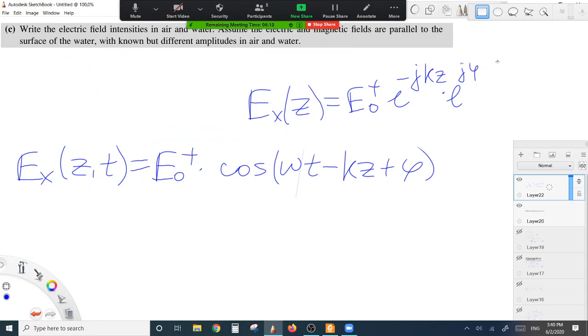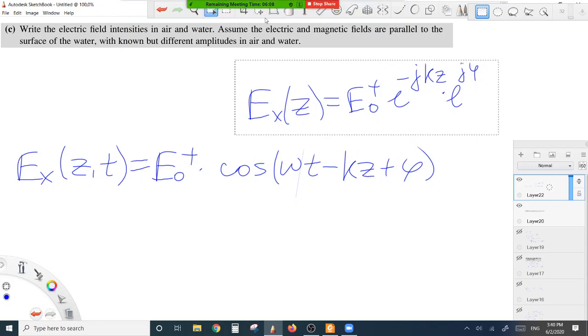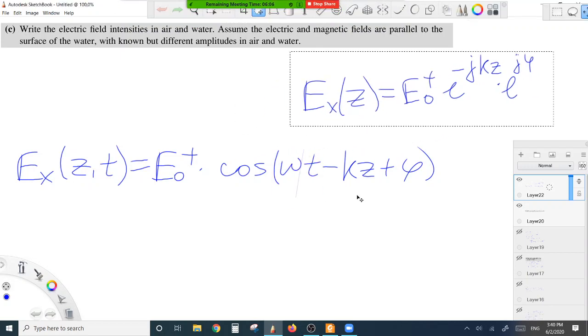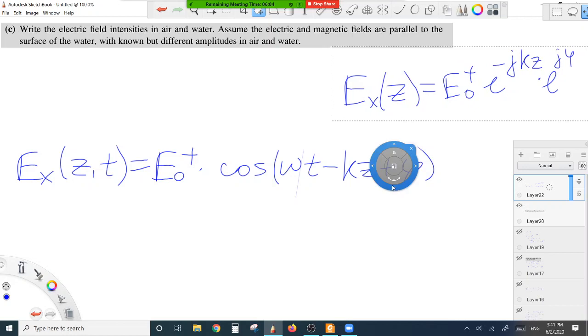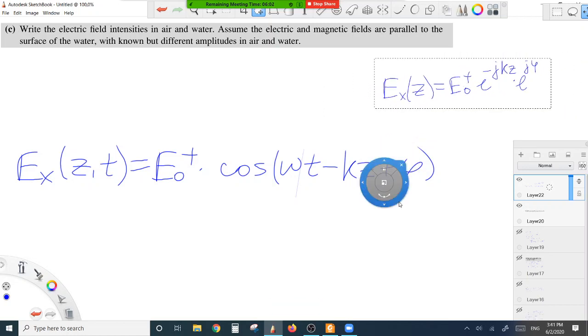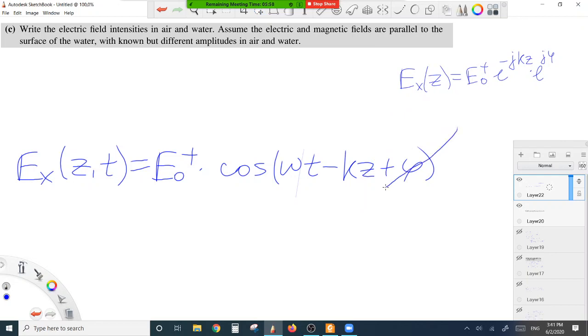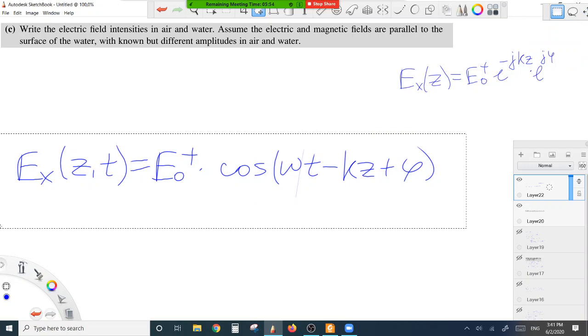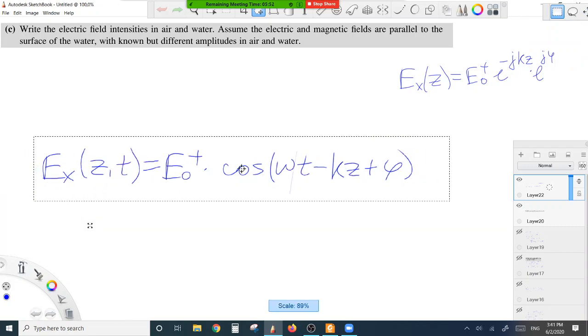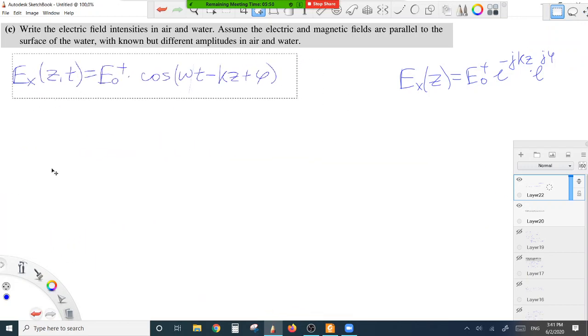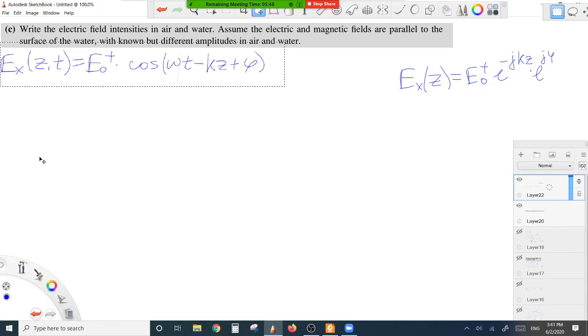These equations could be helpful for us in order to solve the final part of our problem.